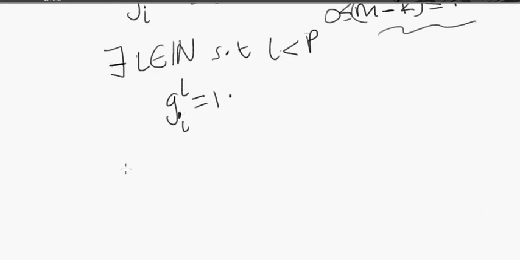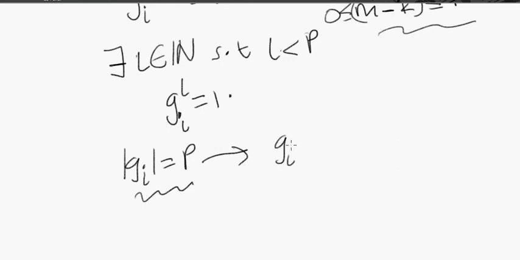Is this possible given that we know that the order of g sub i equals p? What does it mean for the order of g sub i to equal p? Does it mean that p is the smallest natural number such that g sub i to the p equals 1? If so, how can some L smaller than p be such that g sub i to the L equals 1?